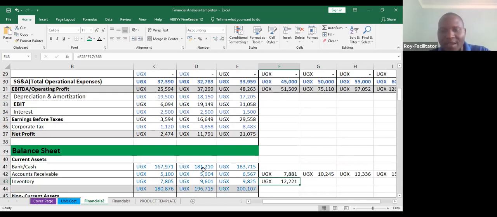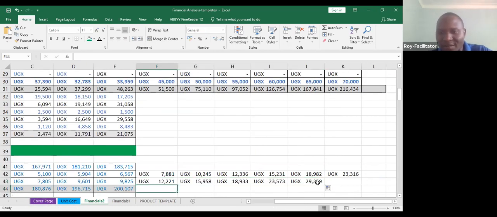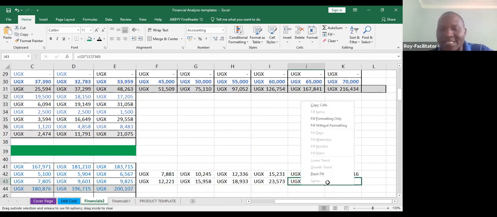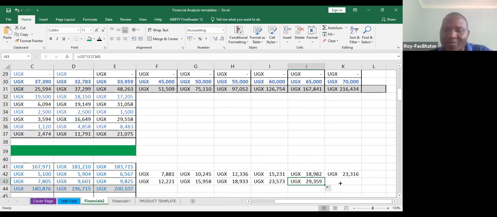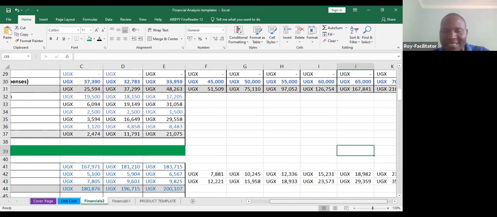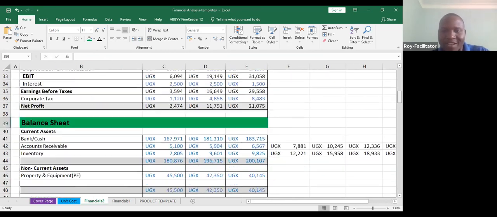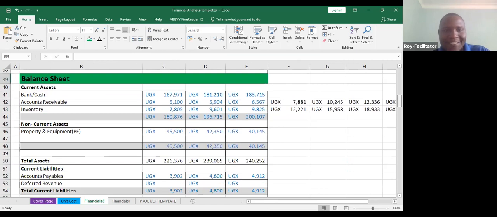So there I have my receivables, and I have my inventory details. This is a projection of the value of the inventory that I will be having in my stock during those forecasted years. Now we are already working on our balance sheet.